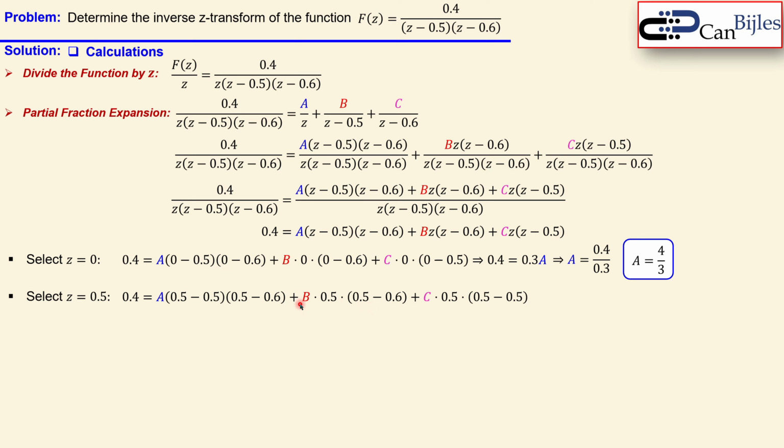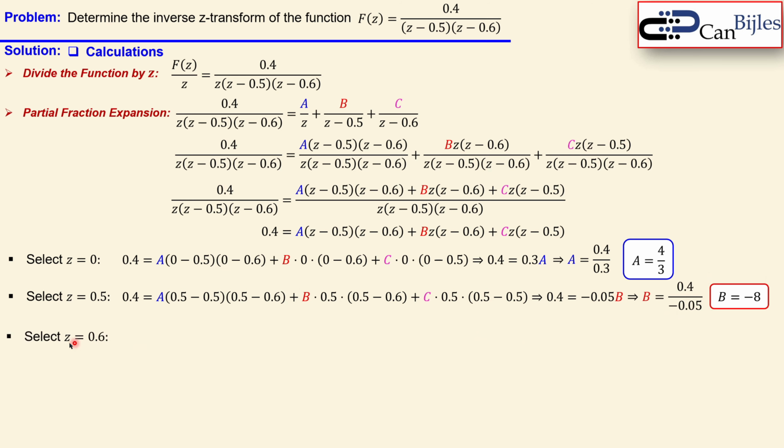Then we have left only b. So that means 0.4 is equal to, you see here, minus 0.1 times 0.5, which is minus 0.05, times b. So the b will be equal to 0.4 over that, in this case exactly minus 8.